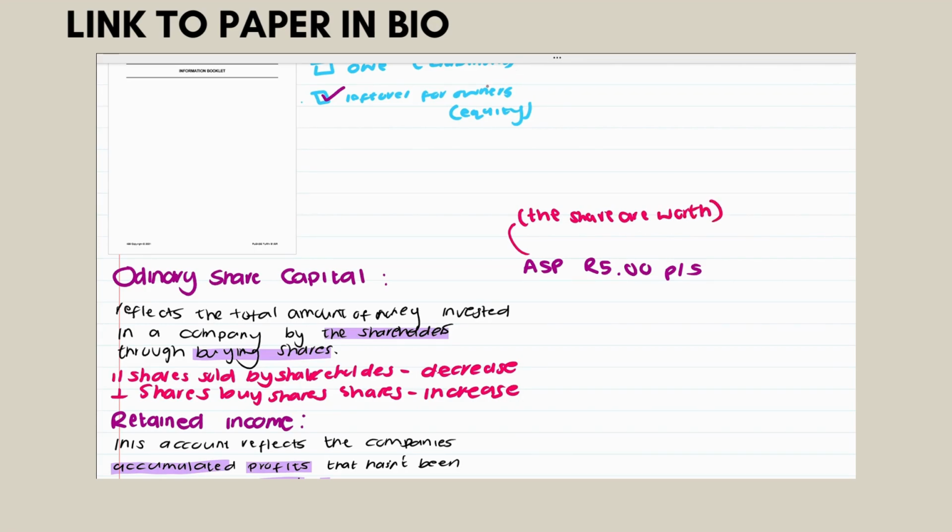We then buy back these shares, whatever the reason is. And our buyback price is 8 Rand. So that means we bought it back for 8 Rand minus 5 Rand, for 3 Rand more than the average share price.